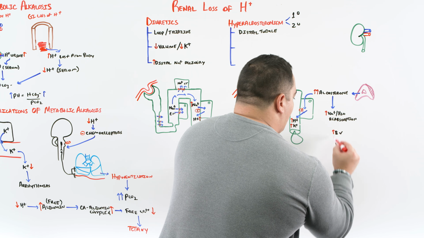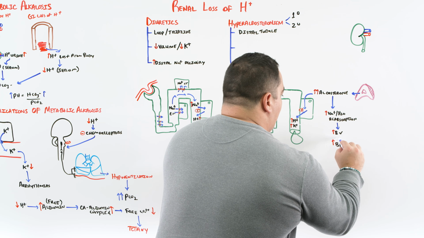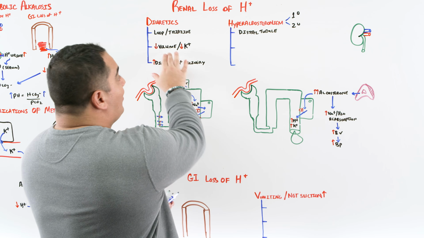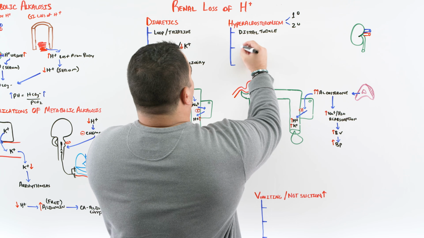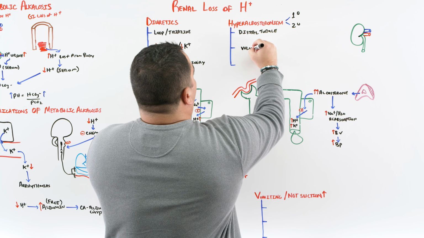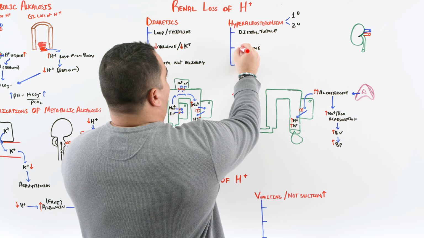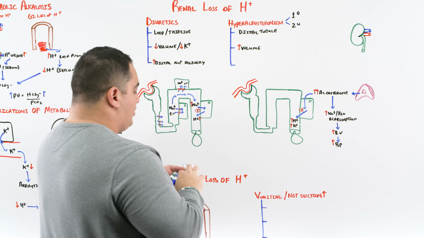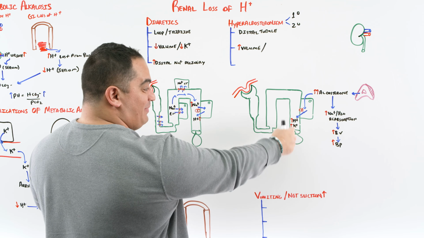So oftentimes their blood volume may actually become a little bit elevated, and on top of that, their blood pressure may be elevated. And that is very helpful to differentiate between these two, is that sometimes these patients may be mildly hypervolemic. They usually don't become profoundly hypervolemic because of something called aldosterone escape. We're not going to go into that, but it is important to remember that can happen. But it is also common that we're dumping potassium.